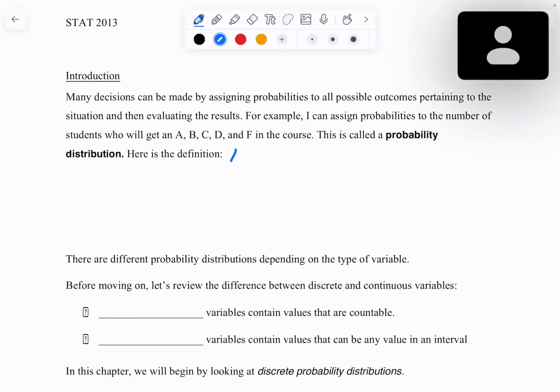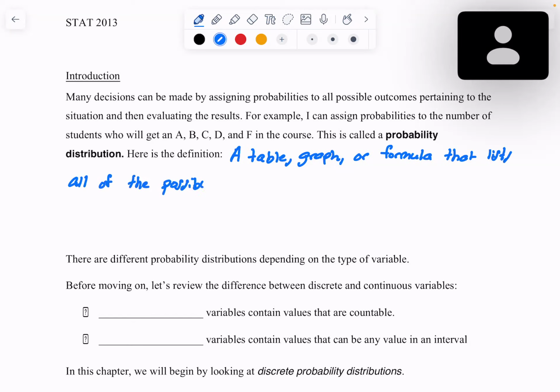A probability distribution is a table, graph, or formula that lists all the values of a random variable.